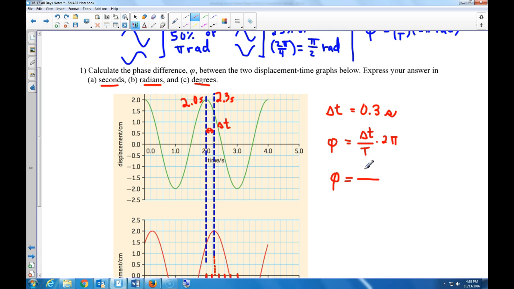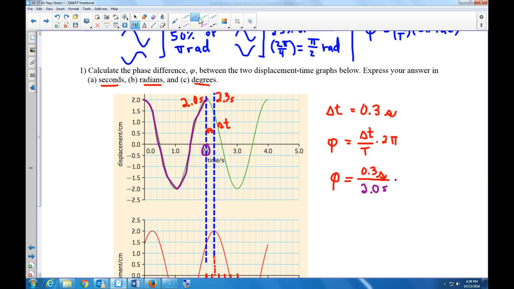So the delta t was 0.3. And is that big or small? Well, the way I figure out if 0.3 is big or small, I compare it to the time for one cycle. Here's the time for one cycle. We go down, and then back up, and we're done. So a cycle ends after 2 seconds. That's the period.